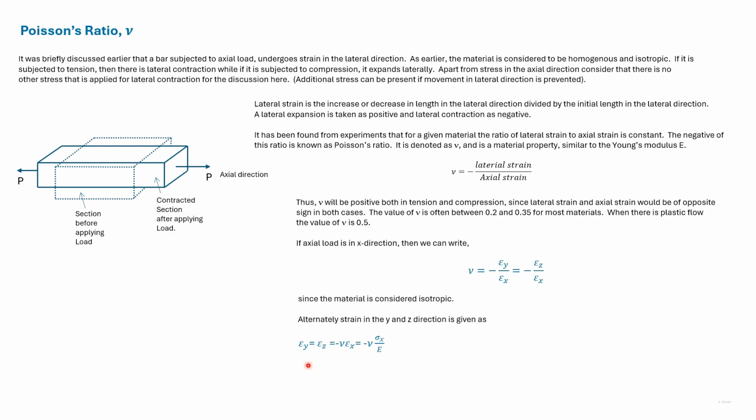So here epsilon y is equal to epsilon z is equal to minus nu into epsilon x, where epsilon x is the axial strain. So the lateral strain is given from the axial strain by multiplying by nu.